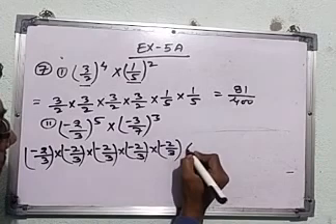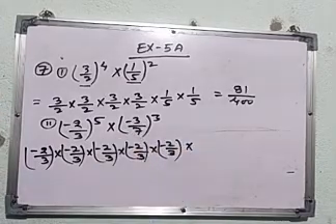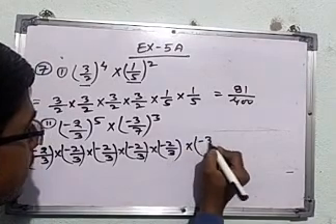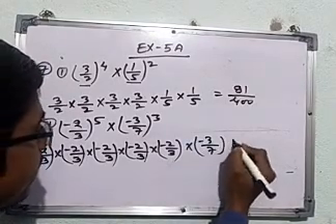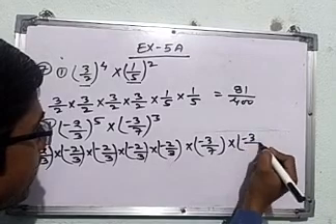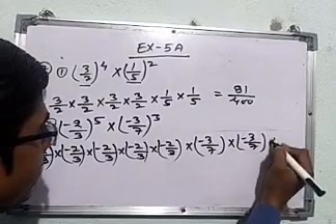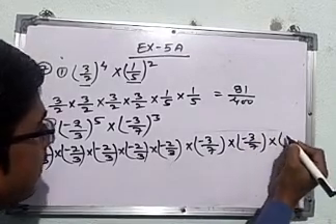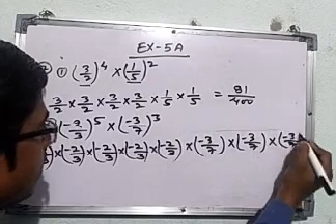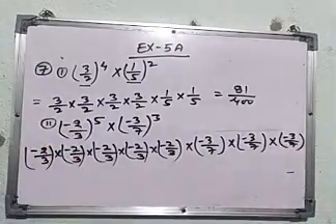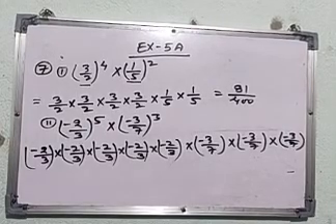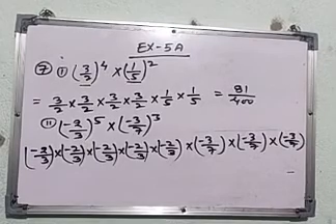And again write minus 3 by 7 three times: minus 3 by 7 into minus 3 by 7 into minus 3 by 7.